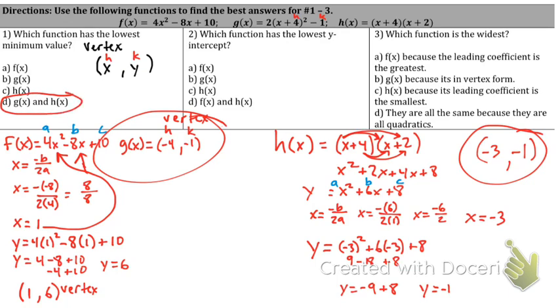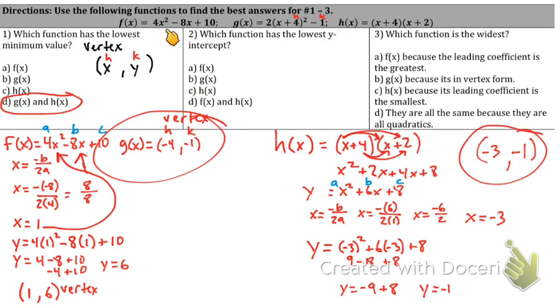All right. So which function has the lowest y-intercept? So number 2. What's the lowest y-intercept? Okay. How do I find that? If you recall, if I plug in 0 for x, it would give me the y-intercept. So let's do that. We're going to do this mentally.